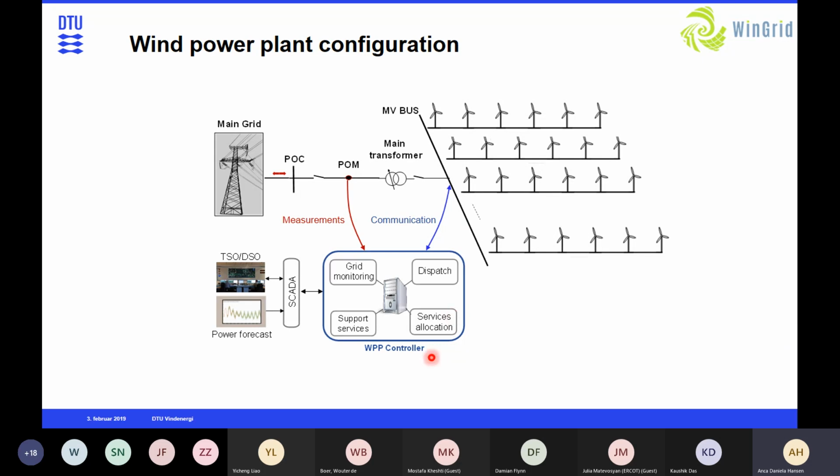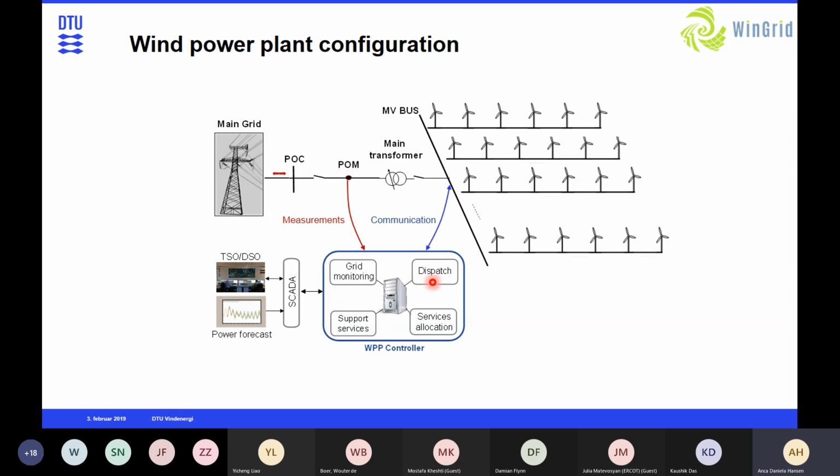Inside the wind power plant controller, there is a grid monitoring block which delivers information about the grid condition, grid frequency, gradient estimation, and active and reactive power calculations based on voltage and current measurements.